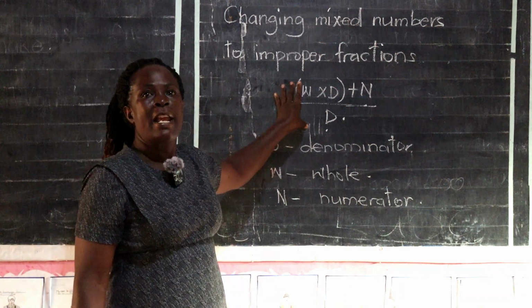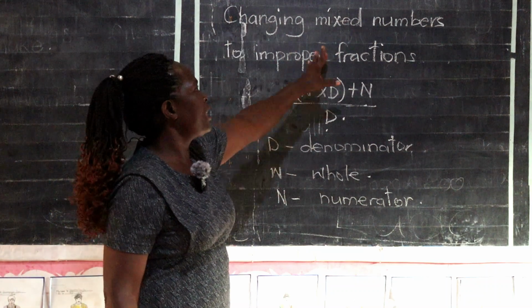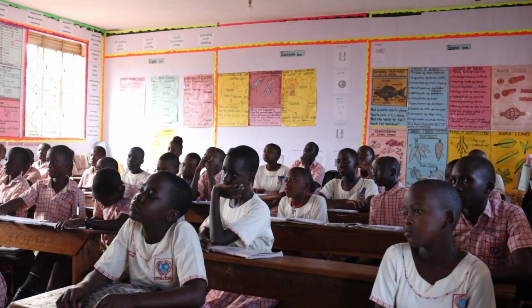This is the formula for changing mixed numbers to improper fractions.